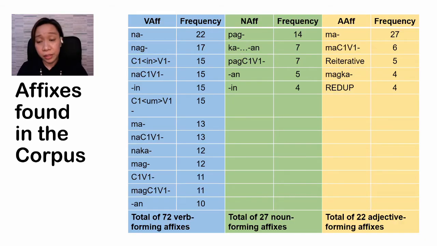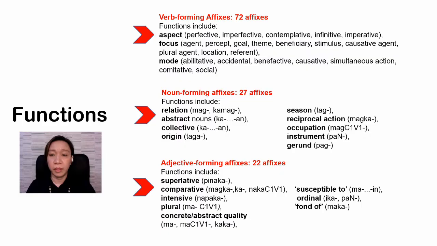From this, we were able to identify a total of 121 affixes, in which 72 are verb-forming affixes, 27 are noun-forming affixes, and 22 are adjective-forming affixes. In terms of how varied are the functions of these affixes, functions of verb-forming affixes found in the corpus include aspect, focus, and mode.